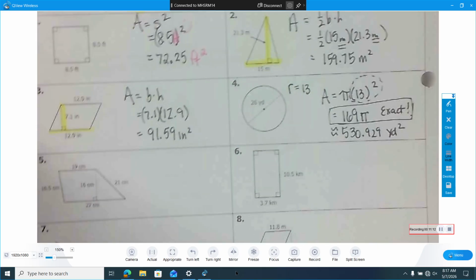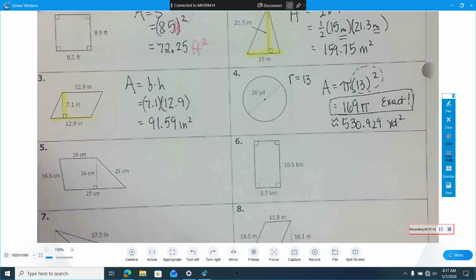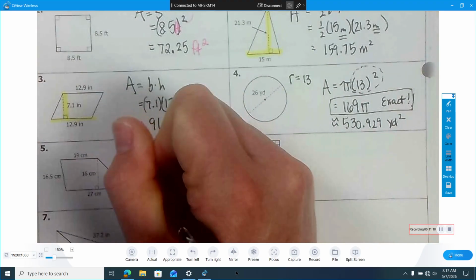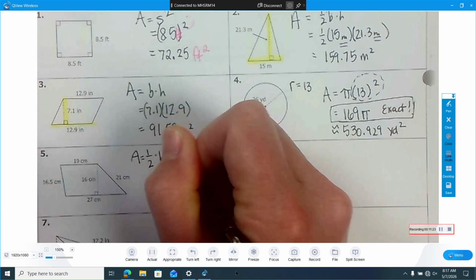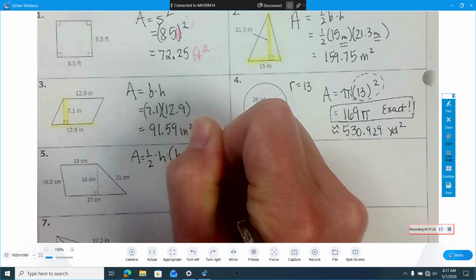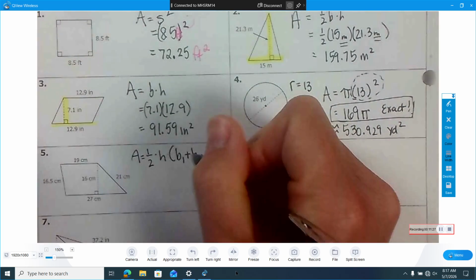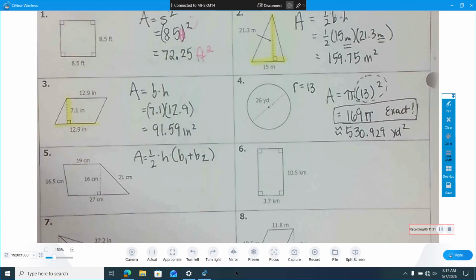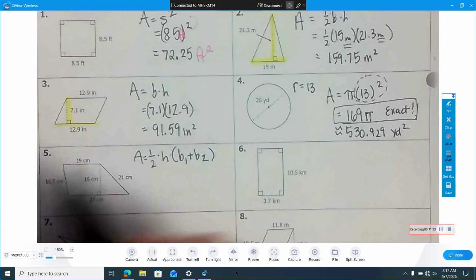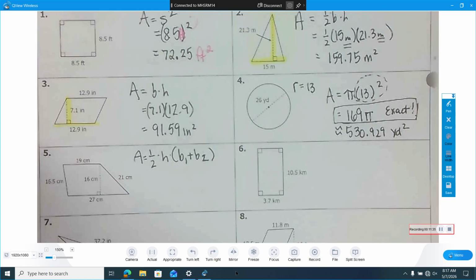All right. Number 5 is a trapezoid. So that's the complicated formula: 1/2 times height times the sum of the bases, base 1 plus base 2. So how do we recognize what to use? There's a whole lot of numbers on this picture.